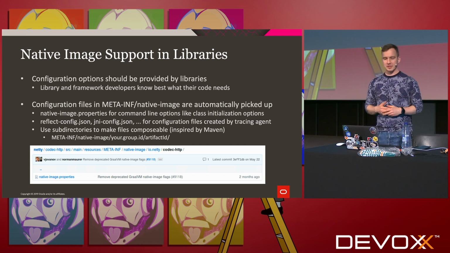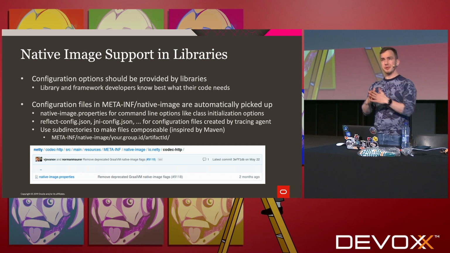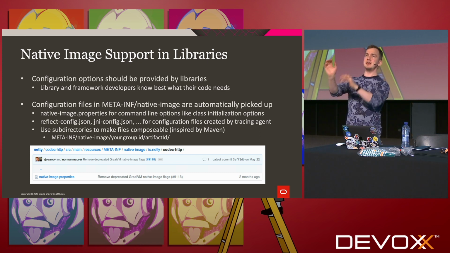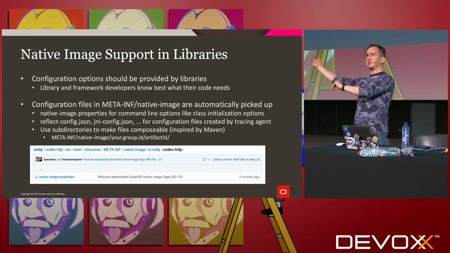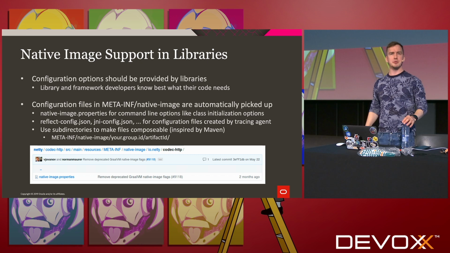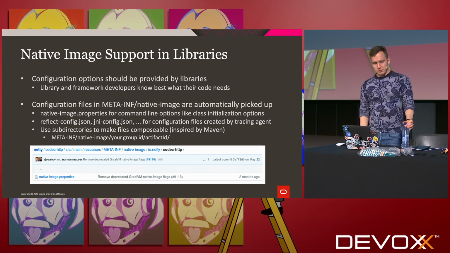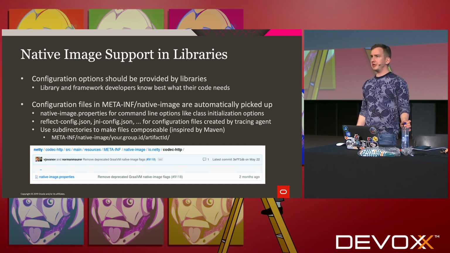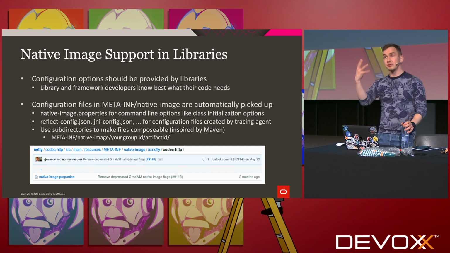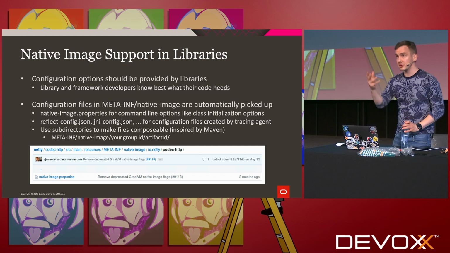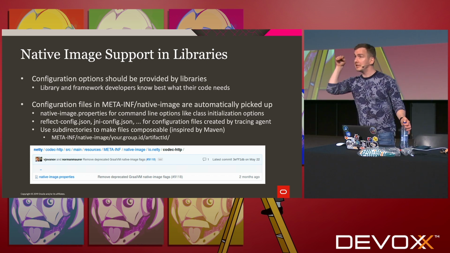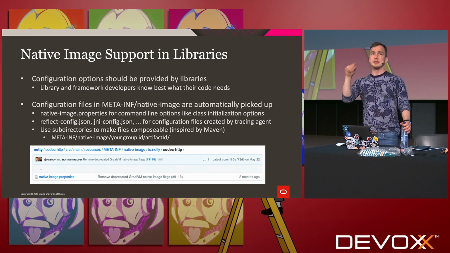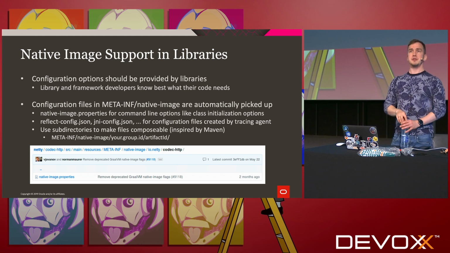You can configure it from the command line, saying native image initialize at build time this package, or initialize at runtime that class. You can put that into the META-INF directory, META-INF native-image, in a jar file. So if you're making a library and distributing your jar files, you can include the native image configuration that will simplify the usage of native image by your users.